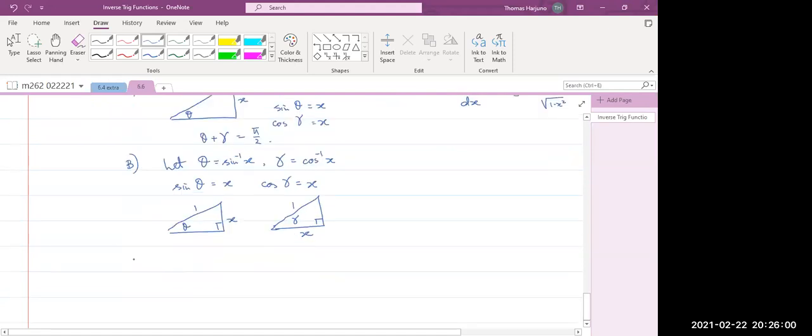Now then we look at, for example, the sine. What is sine of theta plus gamma? It's sine theta cosine gamma plus cosine theta sine gamma.